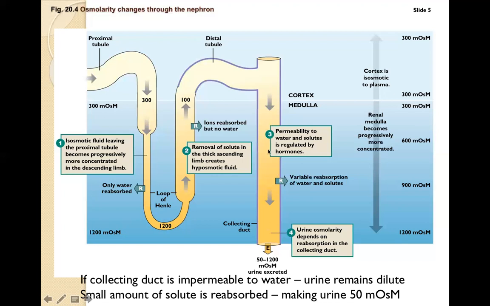So the concentration of solute that is left over after you're finished in the collecting duct is variable. You can have a minimum concentration of urine of about 50 milliosmoles up to a maximum concentration of about 1200 milliosmoles. And so the urine osmolarity depends on the reabsorption that is occurring in the collecting duct.